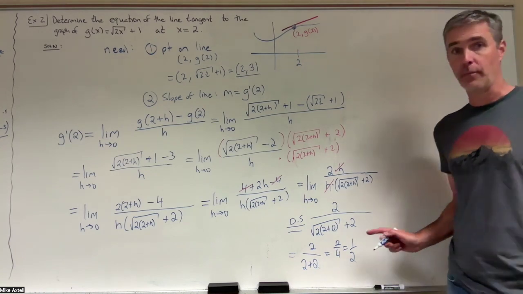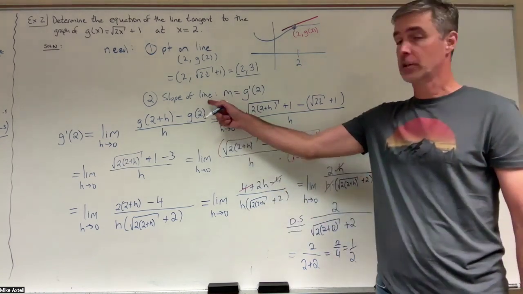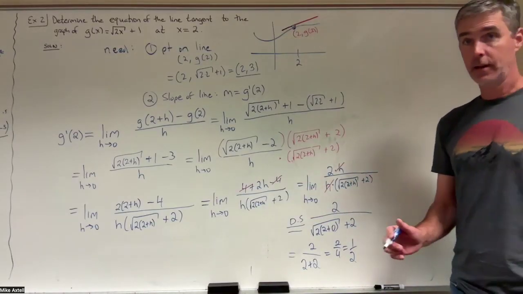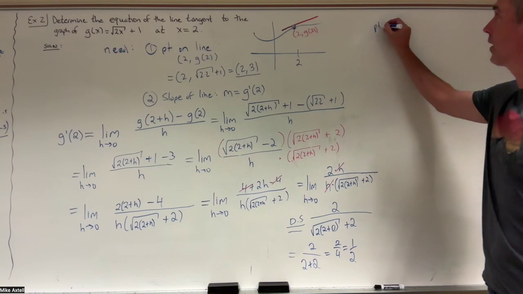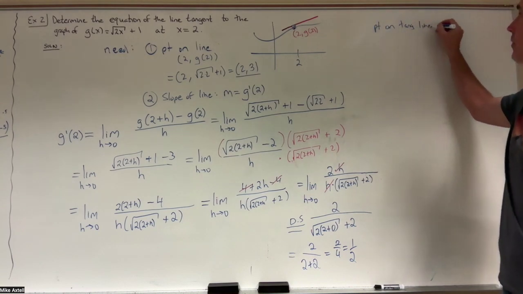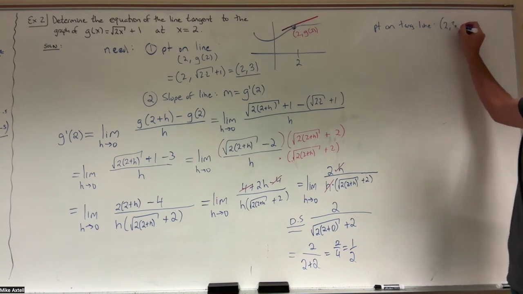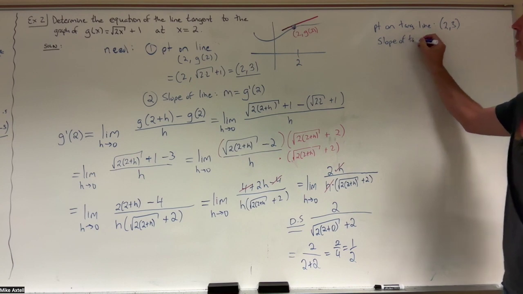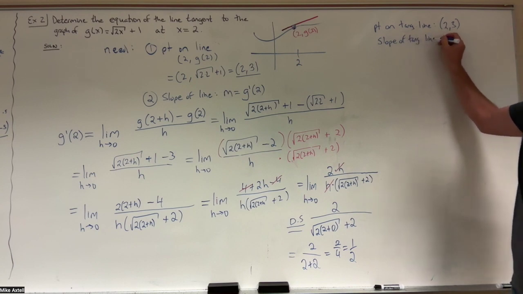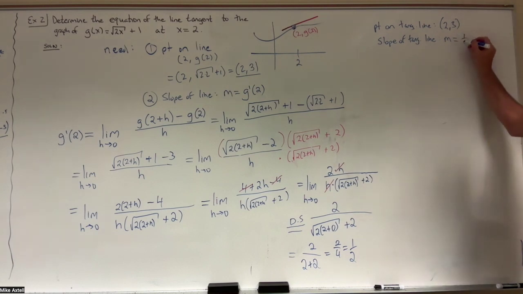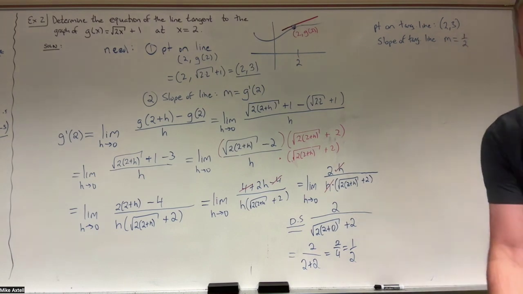And if you recall, my derivative is the slope of my tangent line. All right. So here's what I've got. I've got point on tangent line was 2, 3, and I now have slope of tangent line is 1/2. The derivative is the slope of your tangent line.